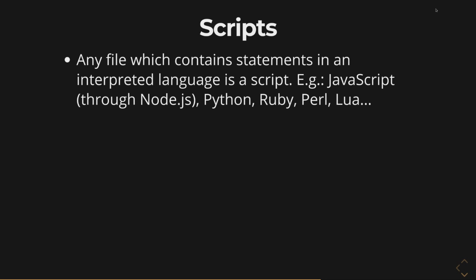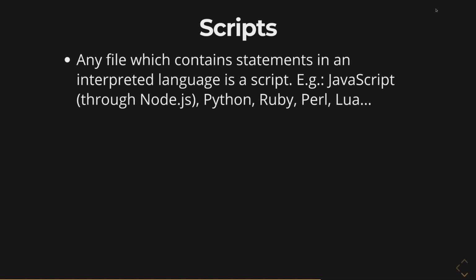Now, a script is really just a file which contains, in general, statements in any interpreted language. That is a language where you have a program that is able to understand the language and execute commands directly without compiling them down to bytecode first.